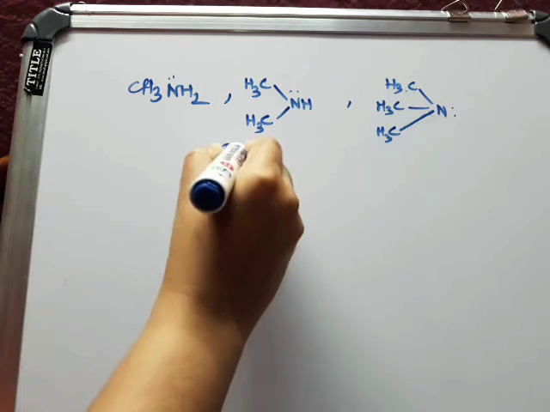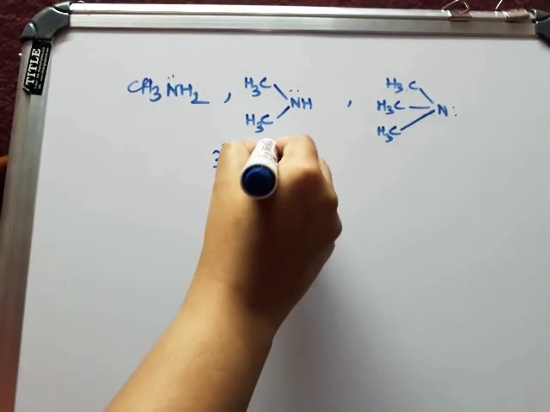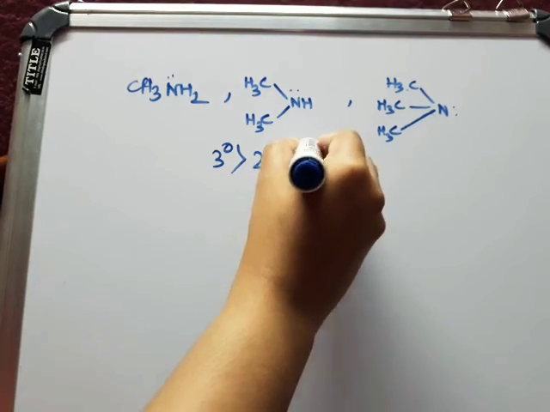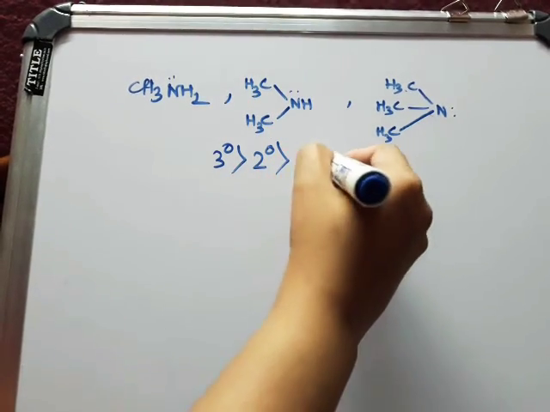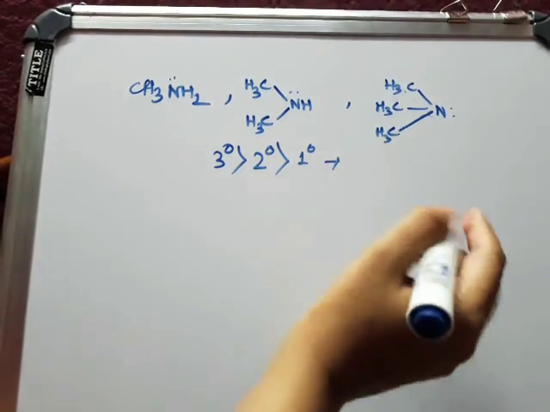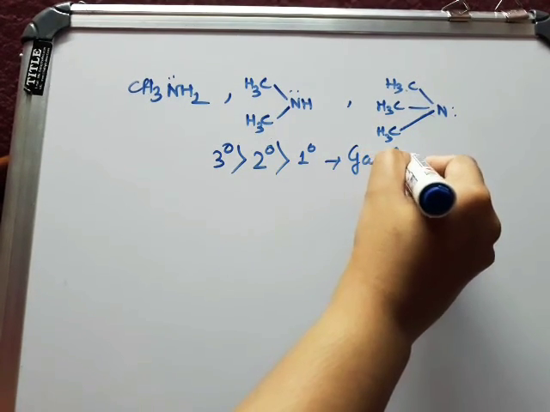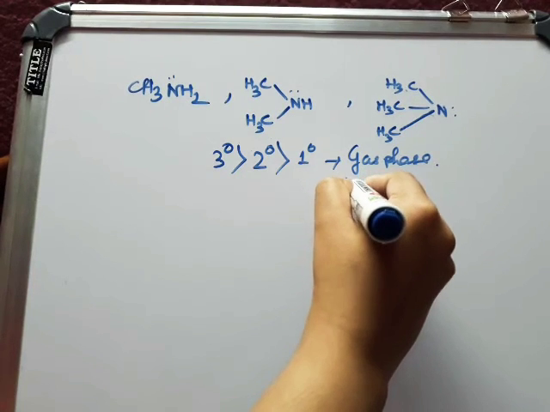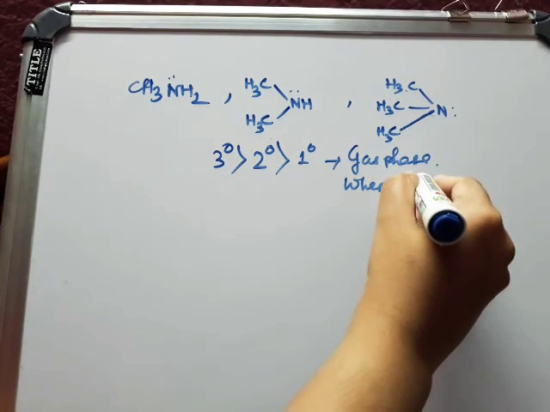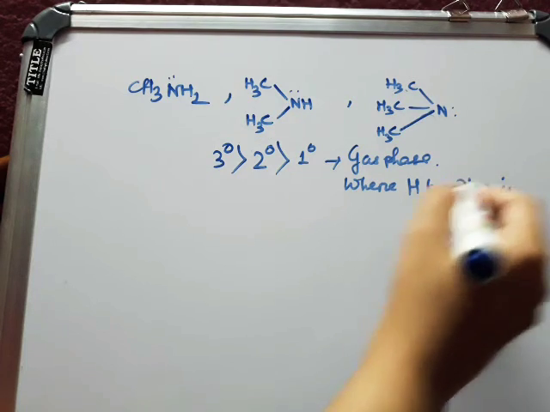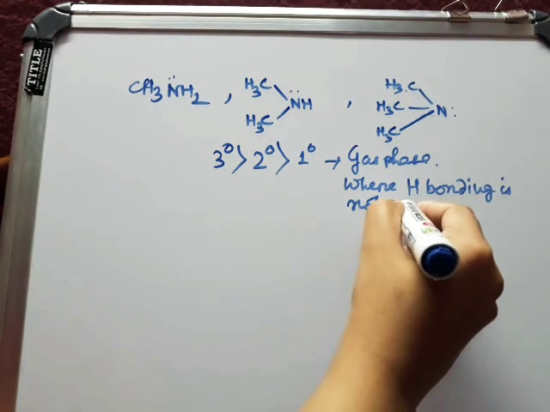So we can say that 3 degree amine is better than 2 degree, 2 degree is better than that of 1 degree. But this observation is applicable only in case of gas phase or where hydrogen bonding is not possible.